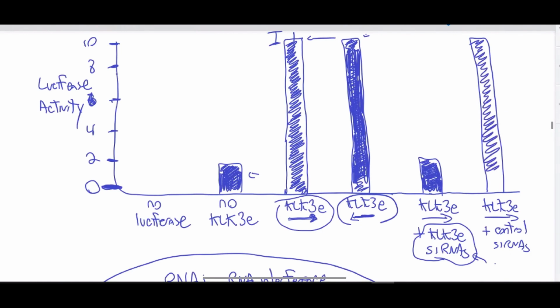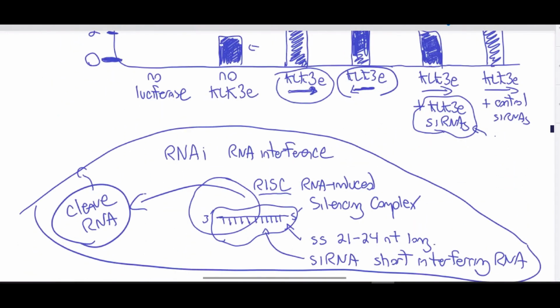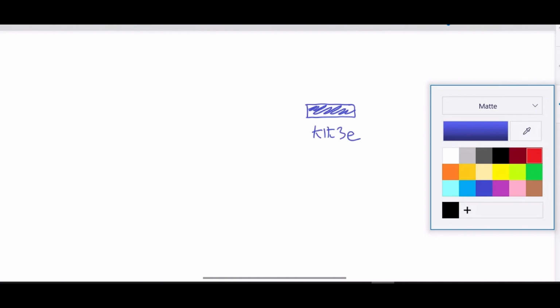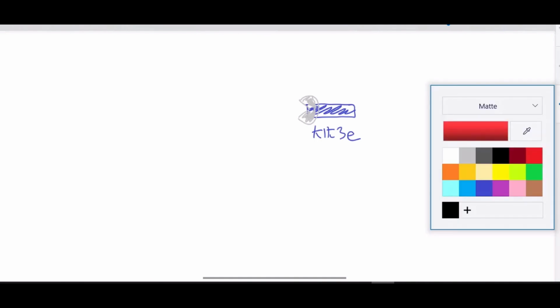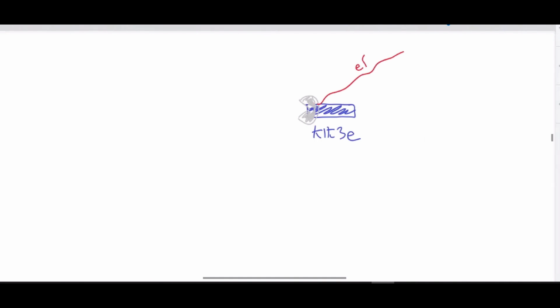So this is a really neat experiment, and what these researchers have shown is that the KLK3 enhancer is transcribed by RNA polymerase II, and that makes an enhancer RNA, and that enhancer RNA is important for the function of the enhancer.